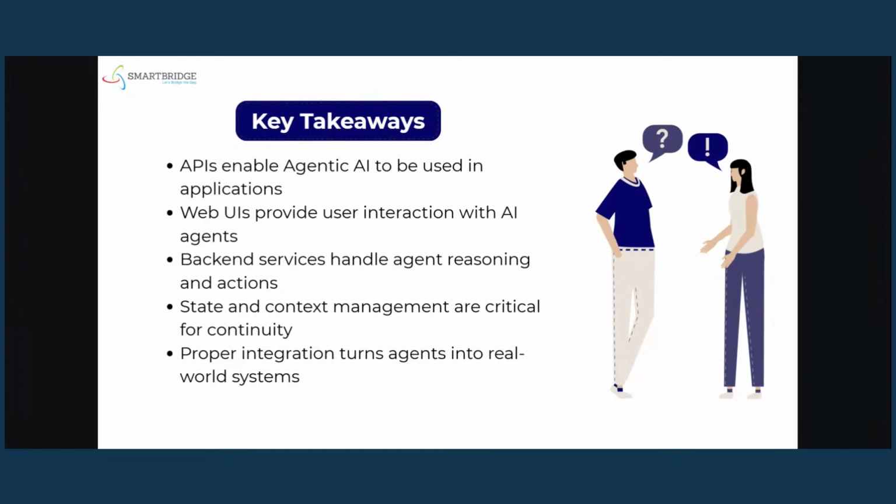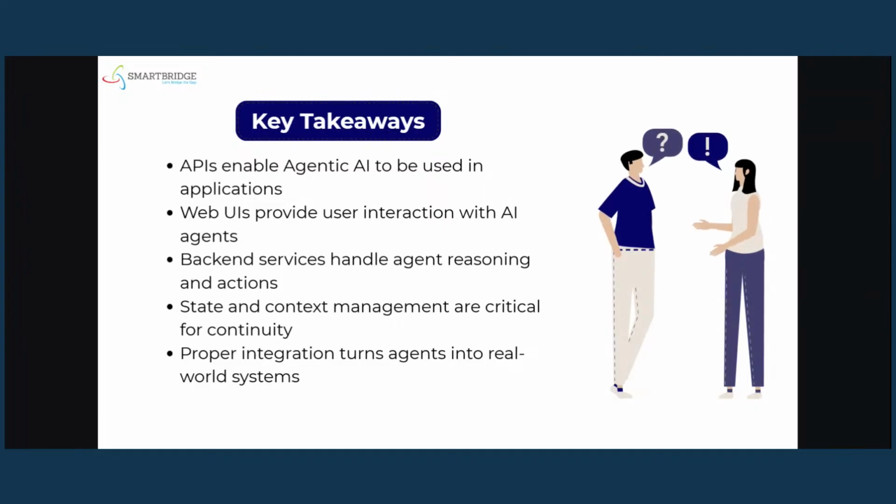Let's bring everything together and close the session clearly. What we should take away from this entire discussion is that agentic AI is not just about smart responses. It is about building complex systems that can understand goals, reason about situations, plan steps, take actions, and continue working until results are achieved.